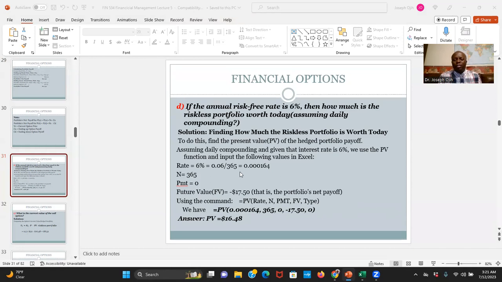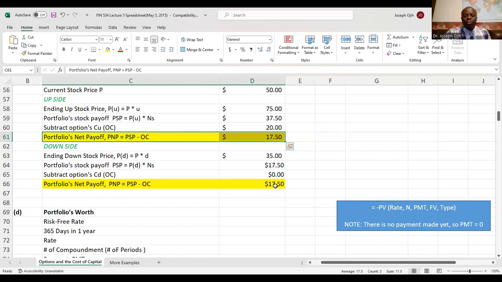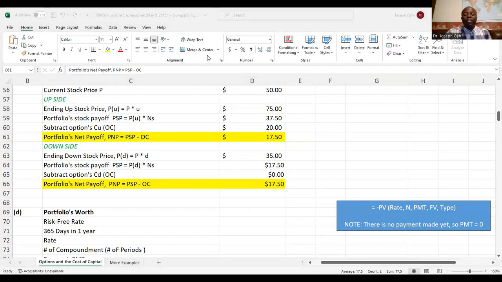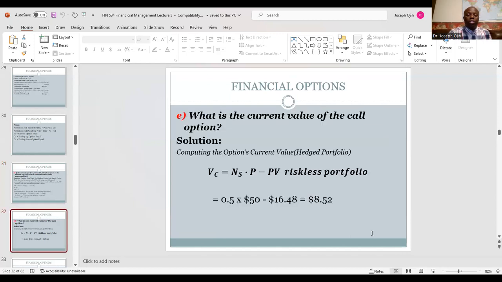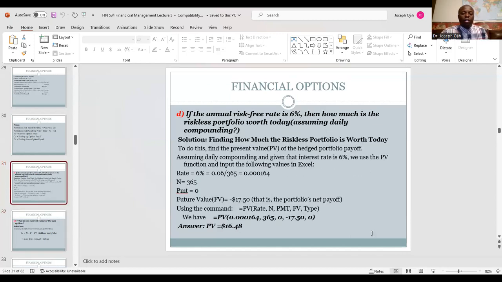So to find this, we find the present value of the hedge portfolio payoff first, that is the present value of this money. Then the answer we get from that will give us how much it is worth today.